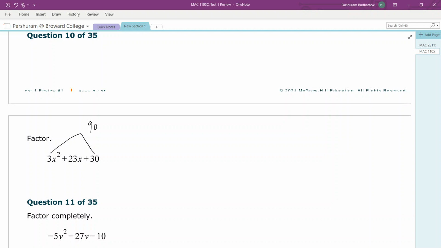So let's try to find that. 2 times 45, 3 times 15.